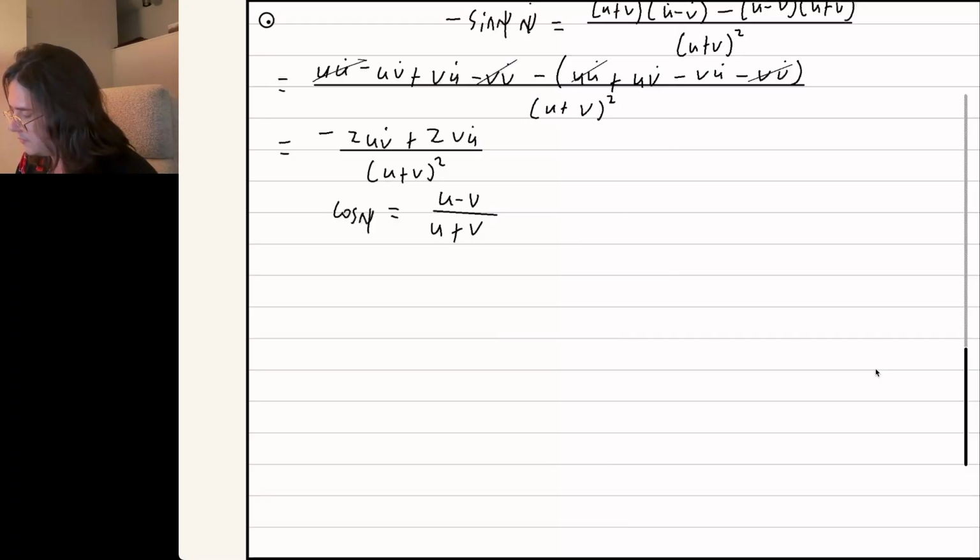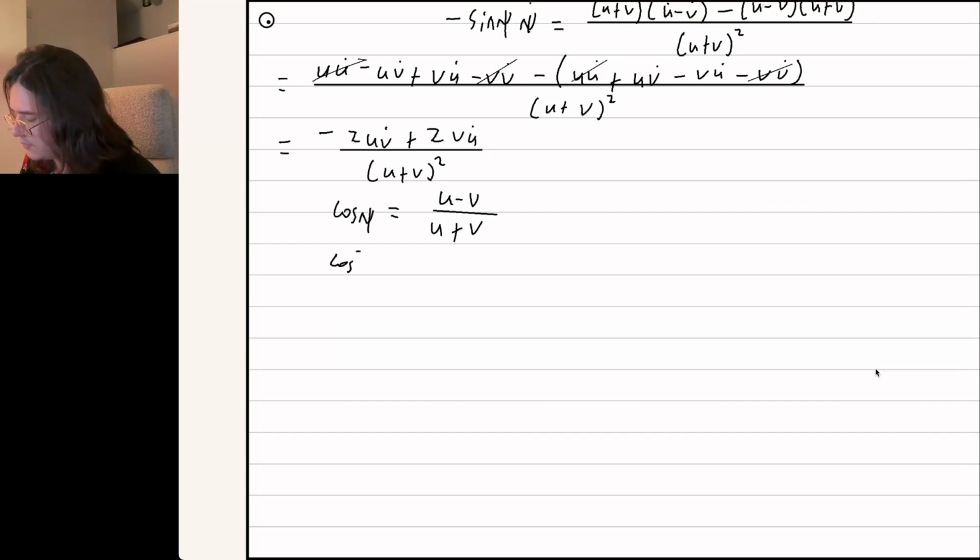We can put this in terms of sine of psi, first by squaring it. So we'll have cosine squared psi is equal to u minus v squared over u plus v squared, which I'm going to expand the top bit but not the bottom bit. So that's going to be u squared plus v squared minus 2uv.